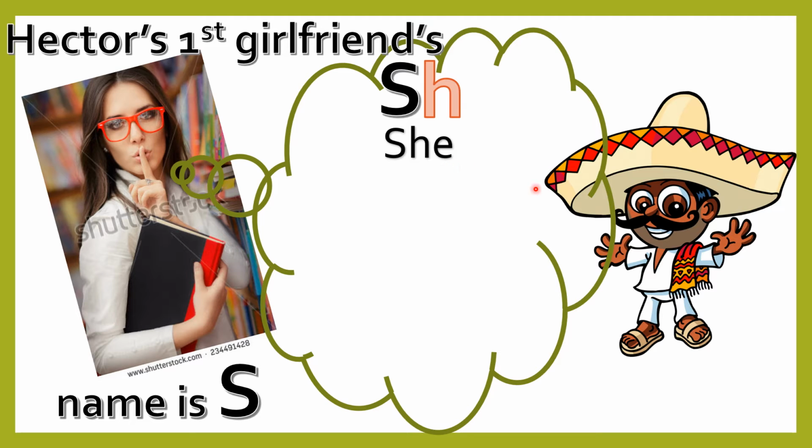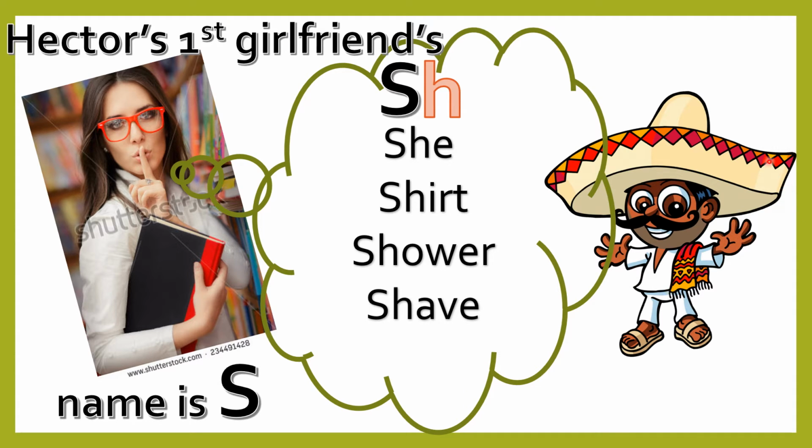And when she talks to Hector, she says, your shirt is dirty. Change your shirt. Or you need a shower. You smell. You need a shower. Or worse, she says, shave off your mustache. Oh, you need to shave. Don't kiss me until you shave.